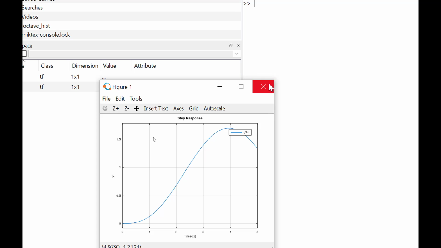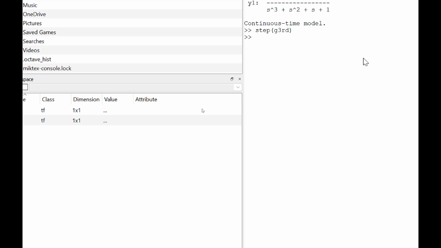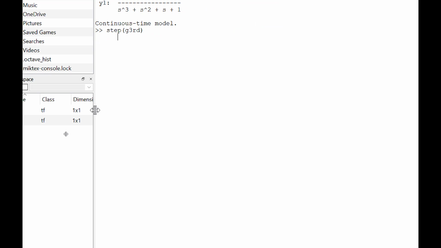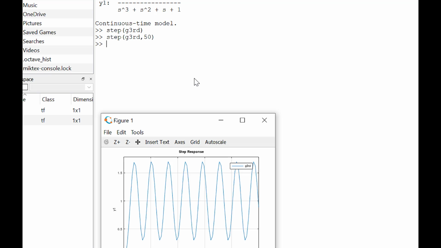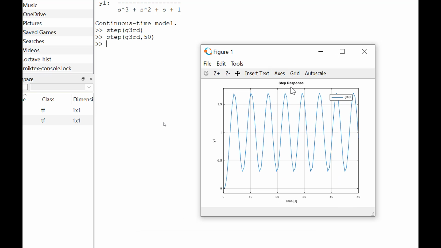Let's run it for like 50 seconds. So I issue the step command, and I'm going to tell it to run for, say, 50 seconds, and let's see what happens. Okay, now it looks like the oscillations are not dying off. They don't seem to be getting bigger, but they're not dying off.